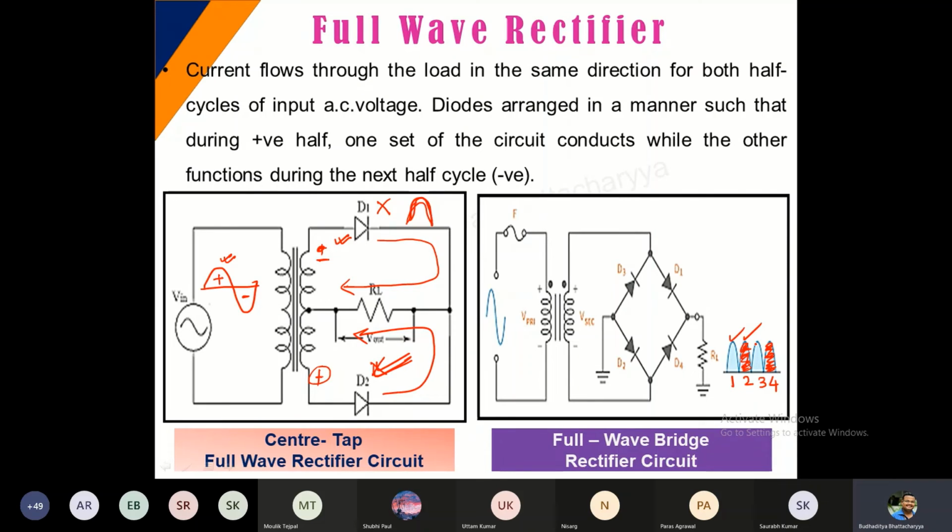So this is one of the advantages of having a full wave rectification. On the other hand, observe over here clearly that in the left hand side diagram, there is a problem. The problem is that when we are considering the center tapping, finding the center tap is very, very difficult.